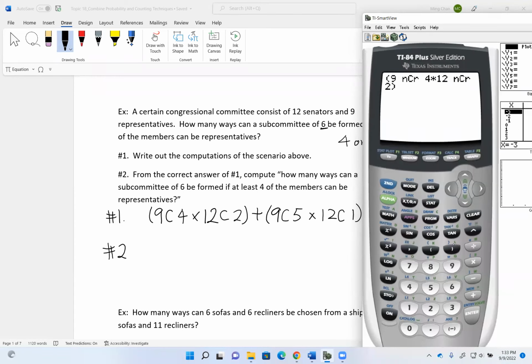So that gave me the total number of ways of selecting 4 representatives, plus 9 choosing 5, followed by 12 senators choosing 1, plus, okay, this selecting 6 representatives, 9 representatives choosing 6 of them, followed by 12 senators choosing none of them. So that would be 9,912 different ways to have at least 4 representatives.